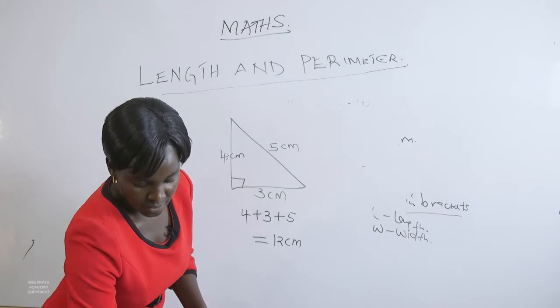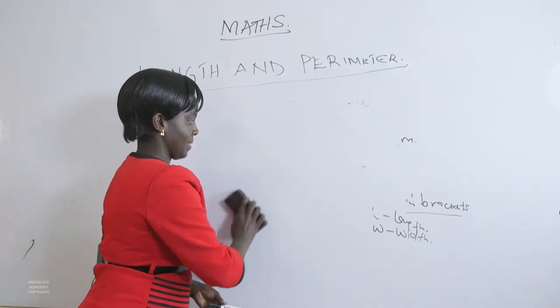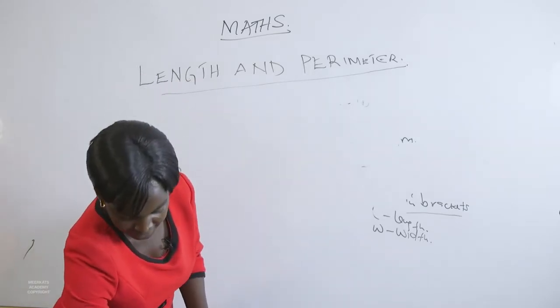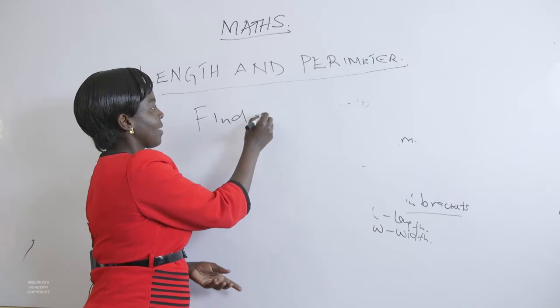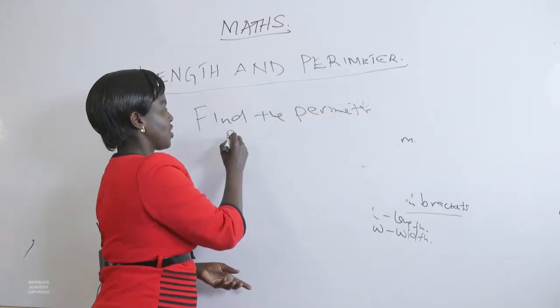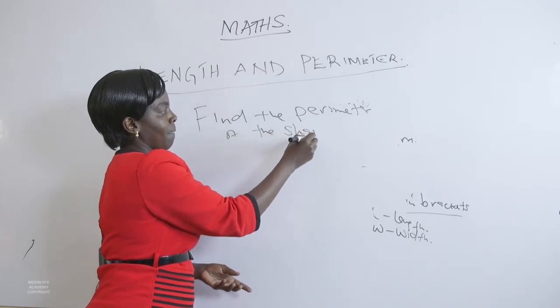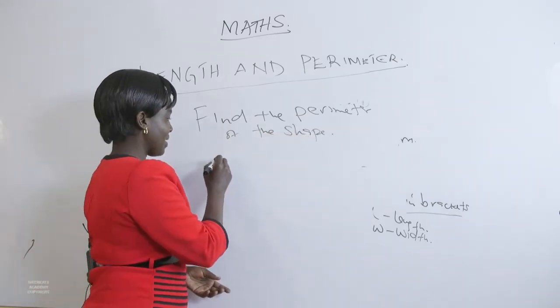Now, if you are given a figure like this, you are told to find the perimeter of the shape. So let's look at this shape. We have a certain shape like this.